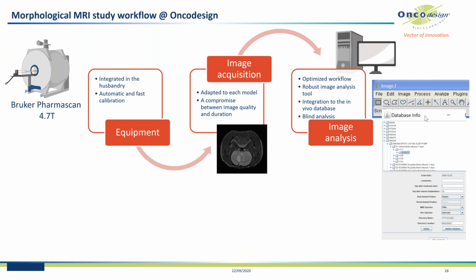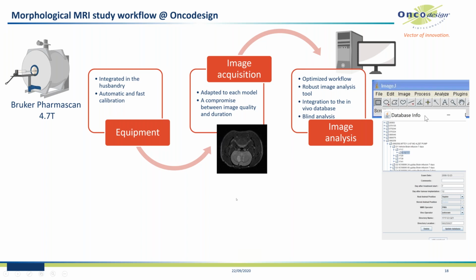So at Oncodesign, to be able to do this follow-up of orthotopic models, we developed a fully optimized workflow. It starts from the choice of our MRI system that is fully automatic and that is integrated in our laboratories, so we don't need to go to an external platform for MRI analysis.